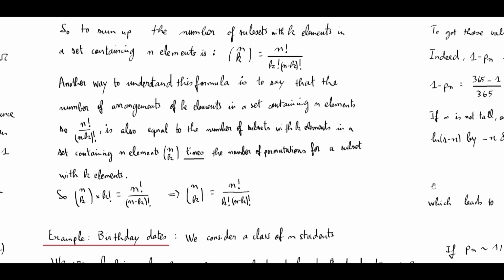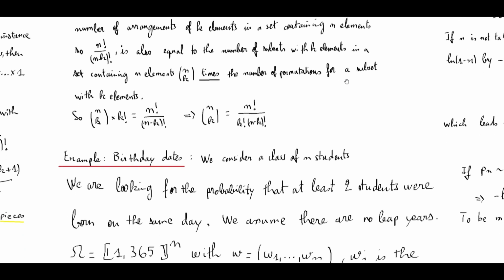So n choose k times k factorial equals n factorial over n minus k factorial, which implies that n choose k equals n factorial over k factorial times n minus k factorial.